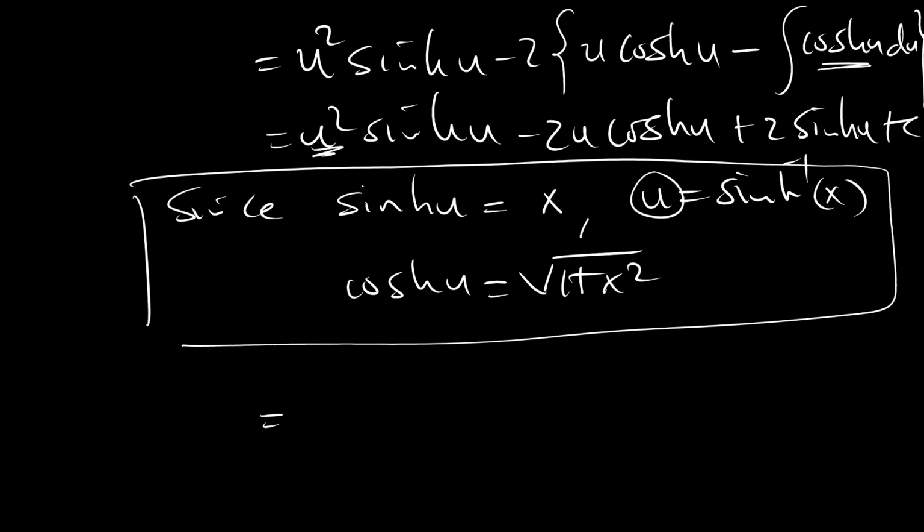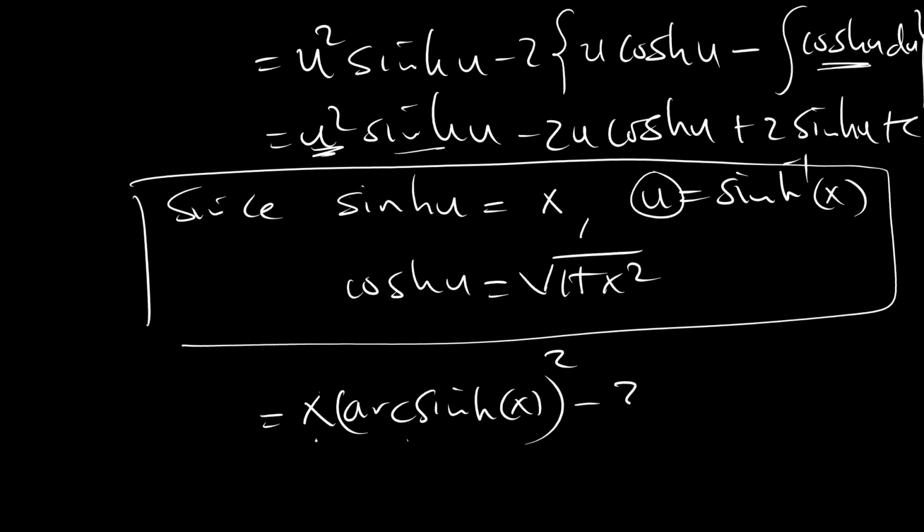u squared here, and we have x arc sinh of x squared, where this is u squared and this here is sinh u, minus 2 cosh u is the square root of 1 plus x squared.